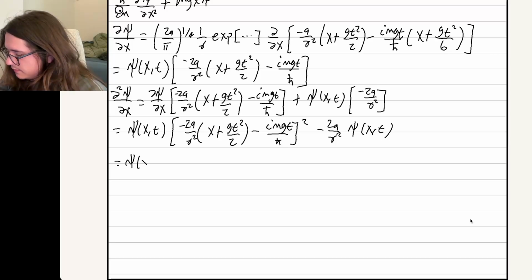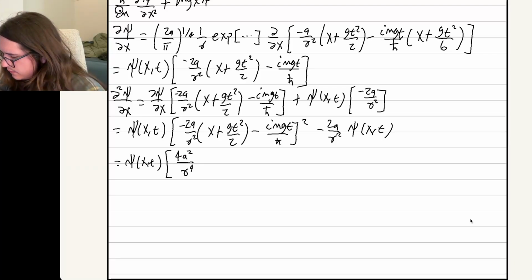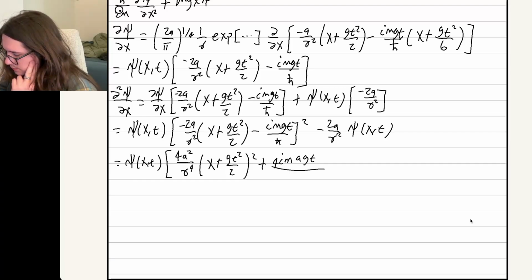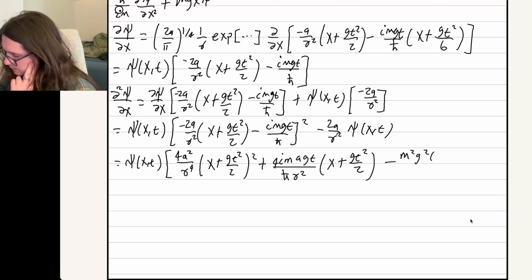So let's actually expand the square of the brackets now, because we're going to have 4a squared over gamma to the fourth times x plus g t squared over 2 all squared, plus 4i m a g t over h bar gamma squared times x plus g t squared over 2, minus m squared g squared t squared over h bar squared. And we still have the minus 2a over gamma squared from before.